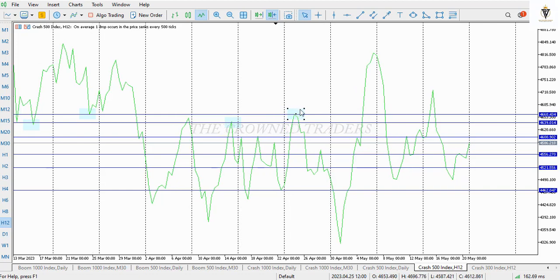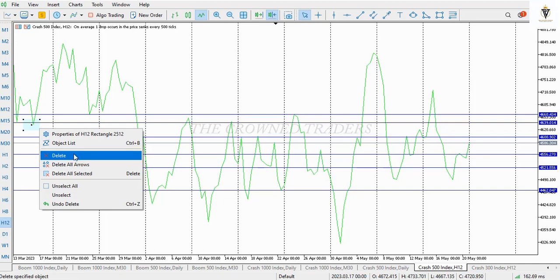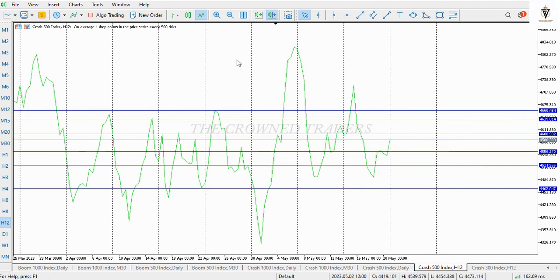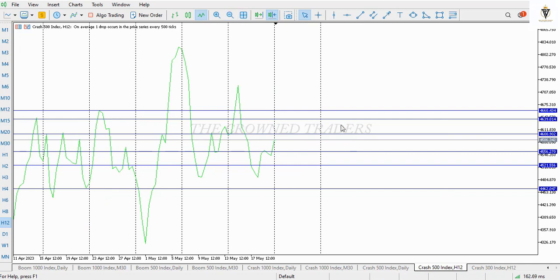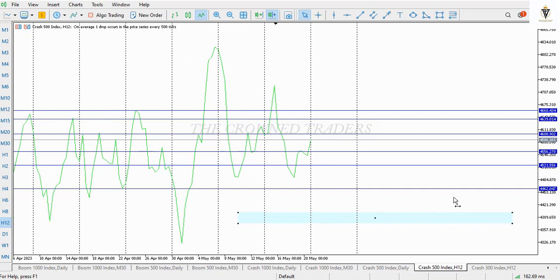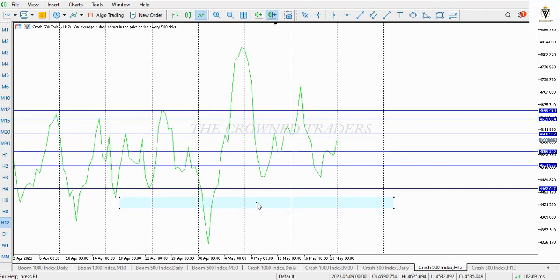Once the 3 levels are complete, this is just an illustration, it's an example, right? Once the 3 levels are complete, I'd like you to now go ahead and pick out your rectangular tool and then give it a color of your choice.